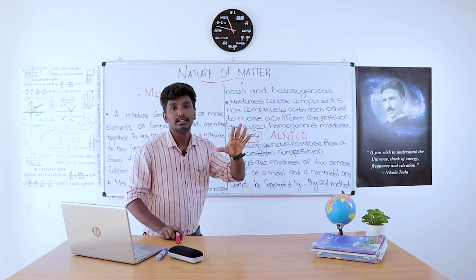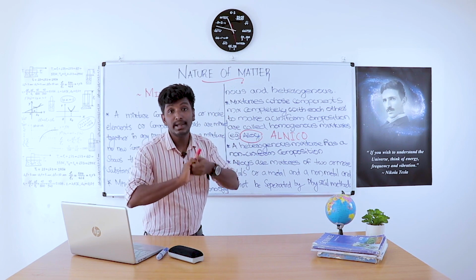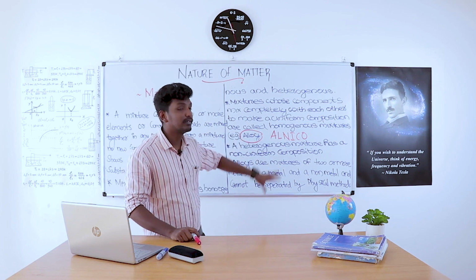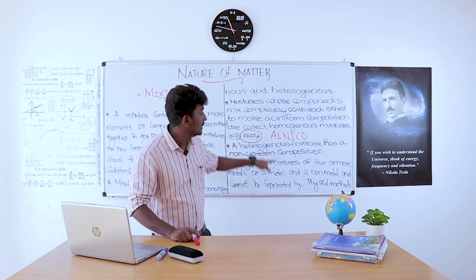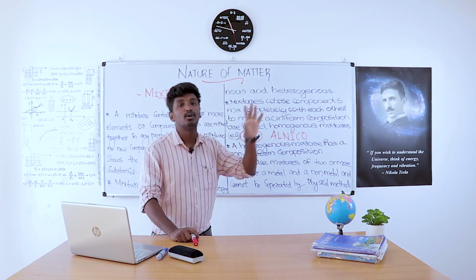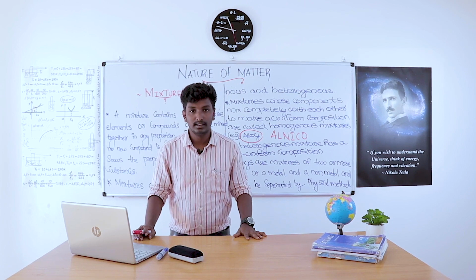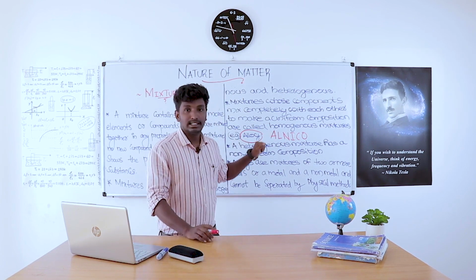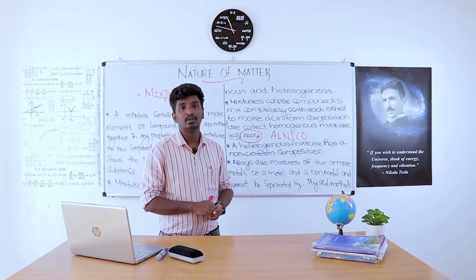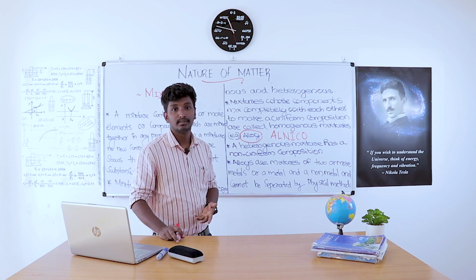That means five metals combine together to form that alloy, and the name of that alloy is alnico. These are all metals, but metals and non-metals can also be combined to form an alloy. Stainless steel is an example of an alloy. Clear?